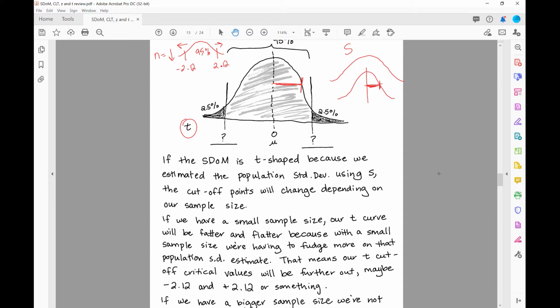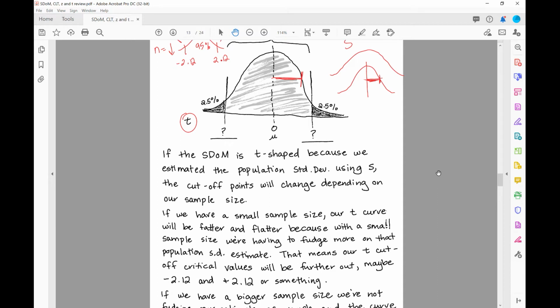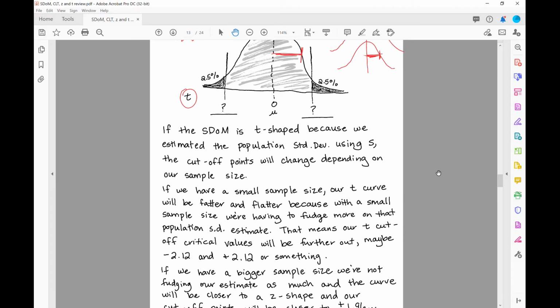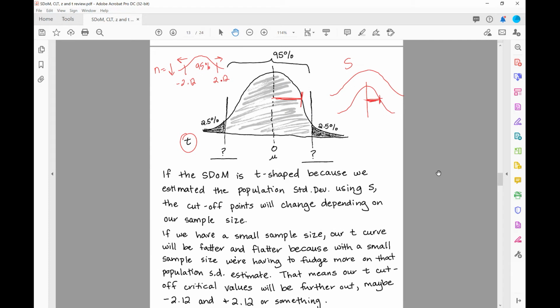Now, if we have a bigger sample size, then we're not fudging that estimate as much. So the curve that we get for our T is going to look a lot closer to the true normal Z population.